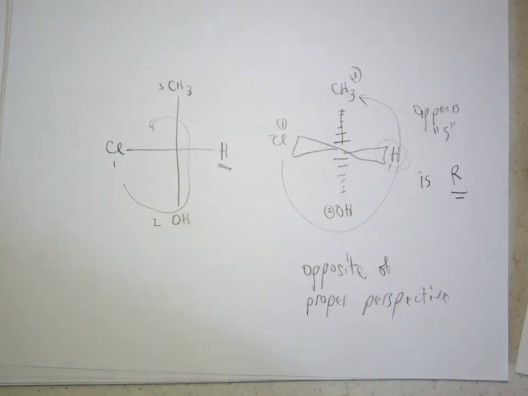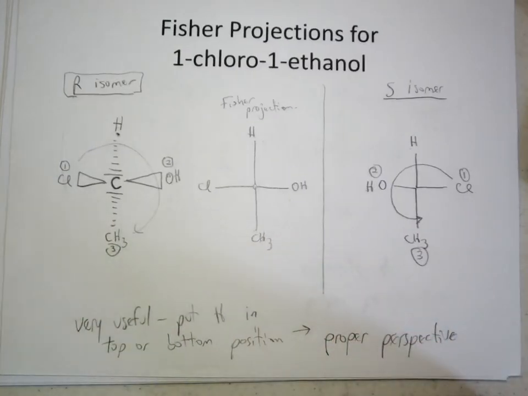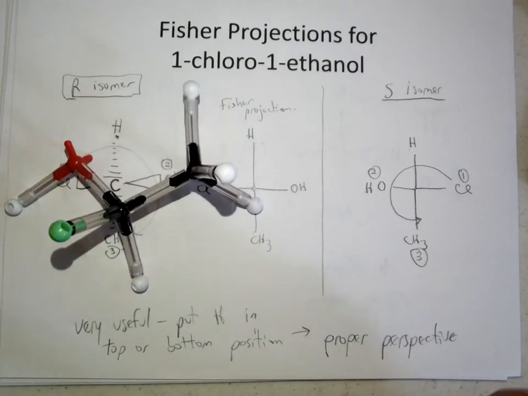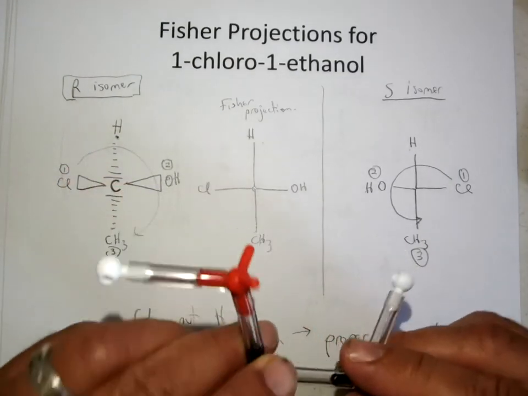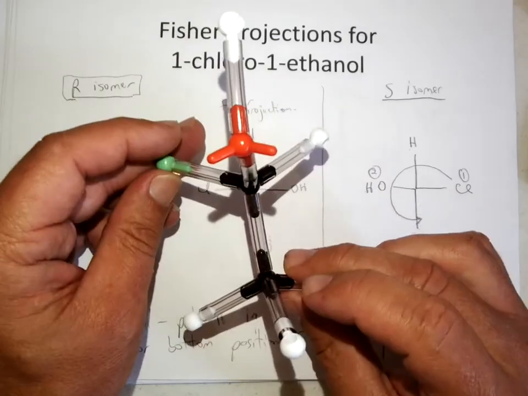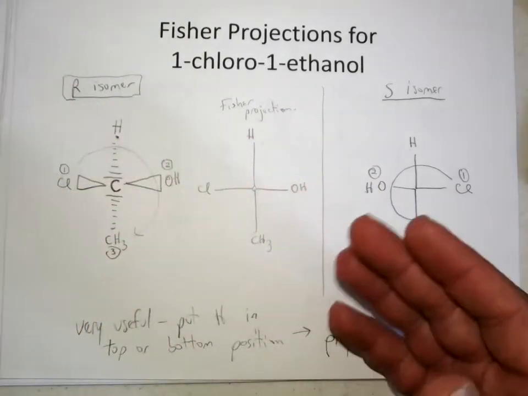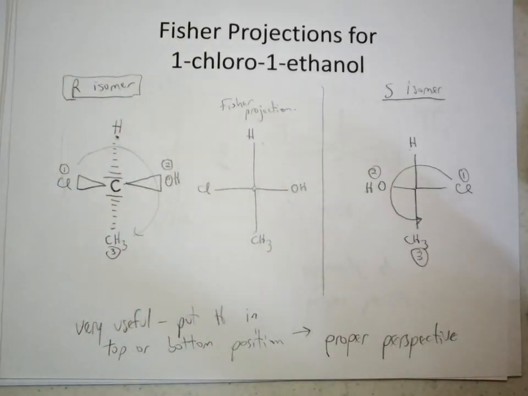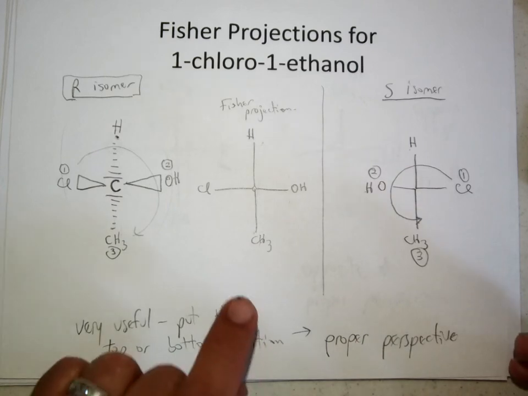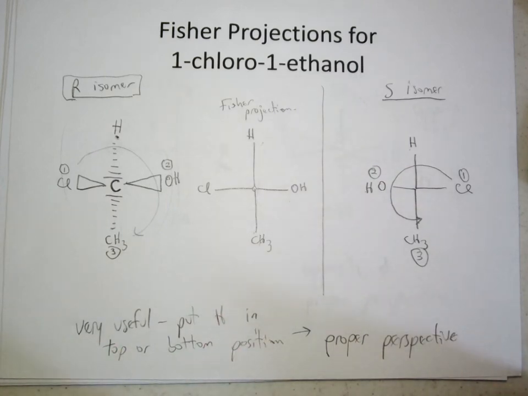So Fischer projections assume which things are coming towards you and which are away, and I would really encourage you to work with models if you can, but if not, hopefully looking at these molecules, pausing when you need to take a look at the orientation of the molecule and how it compares to the drawing on the page, hopefully it'll get you there.